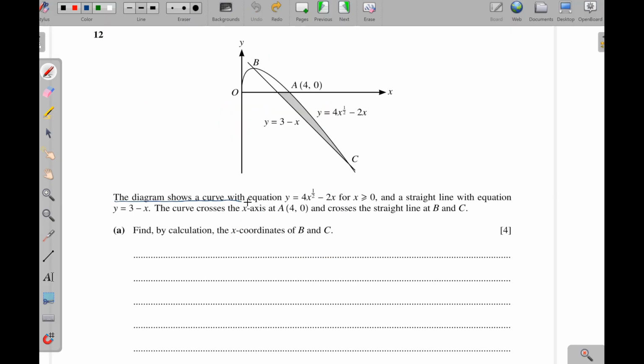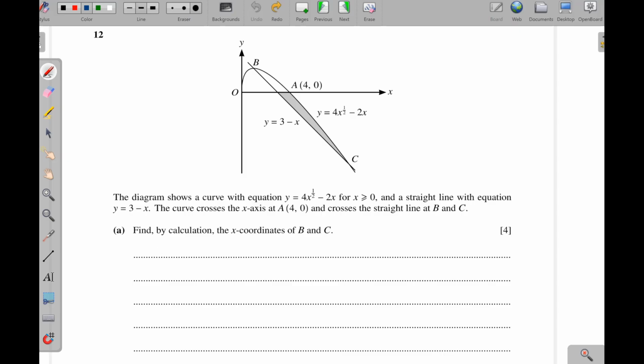Question 12. The diagram shows a curve with this equation for x greater or equal to 0 and a straight line with the equation y is equal to 3 minus x. The curve crosses the x-axis at point A, 4 0, and crosses the straight line at B and C. Part A, find by calculation the x-coordinates of B and C. That means here we are going to solve the equation of this curve and this straight line simultaneously.